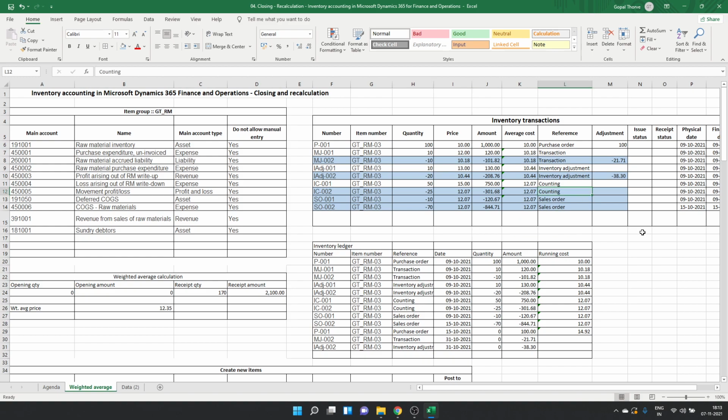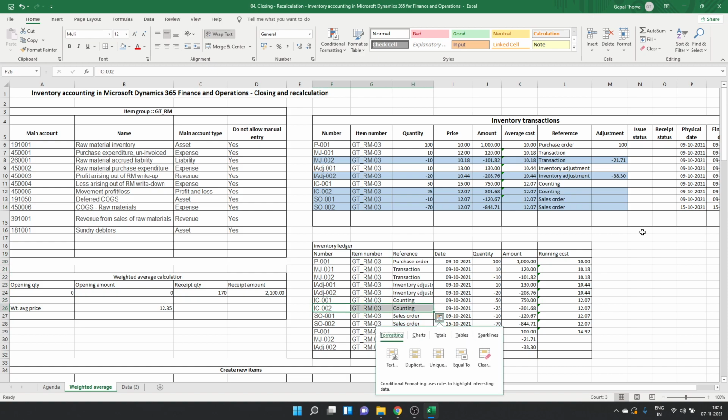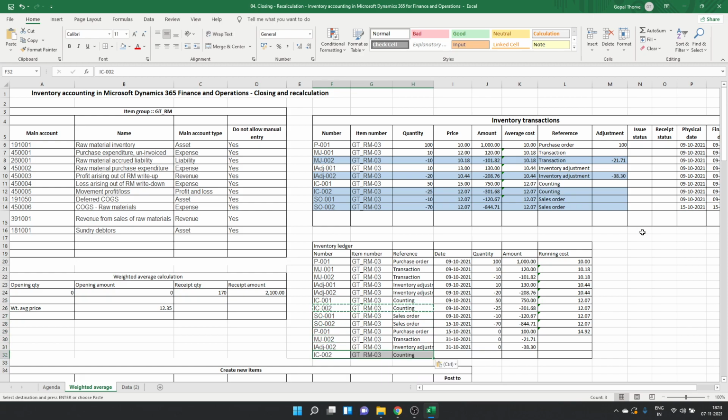The third issue transaction is related to the counting journal. So that transaction will copy the value; the amount is not changed.